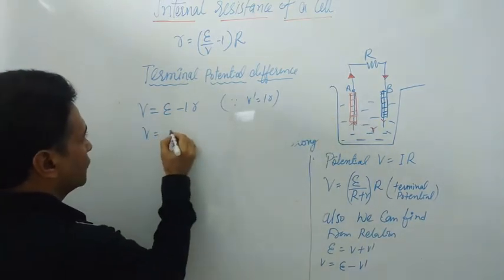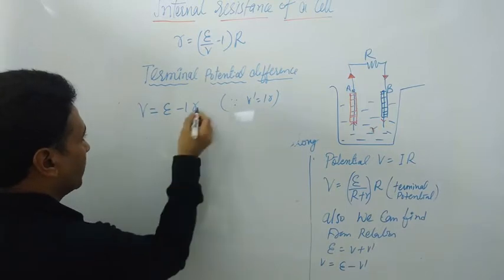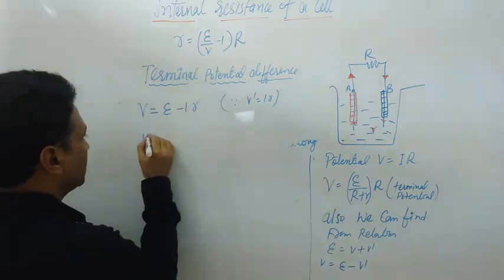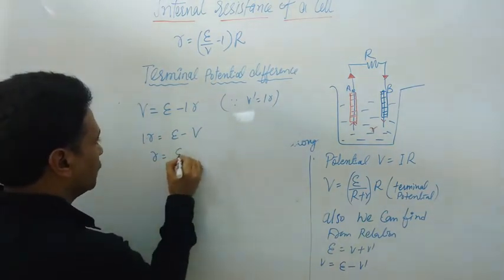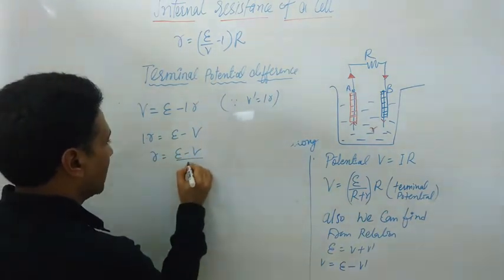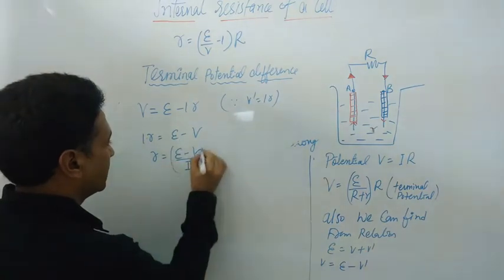Then we have to find out r, so this is Ir is equal to E minus V, and r is equal to E minus V by I.